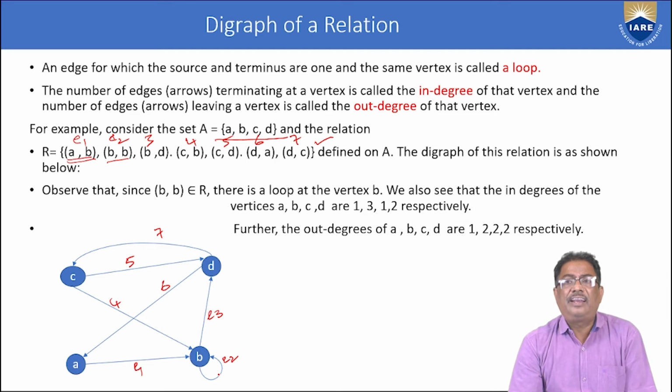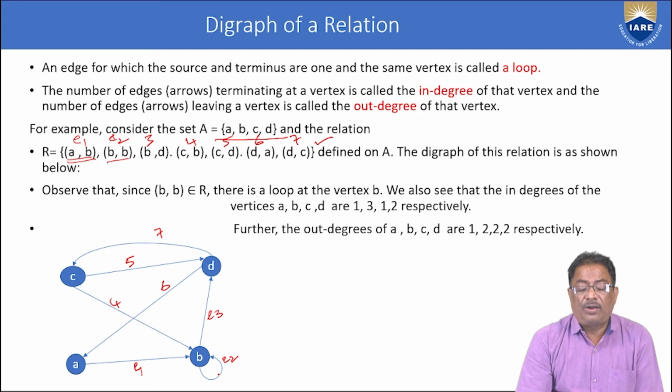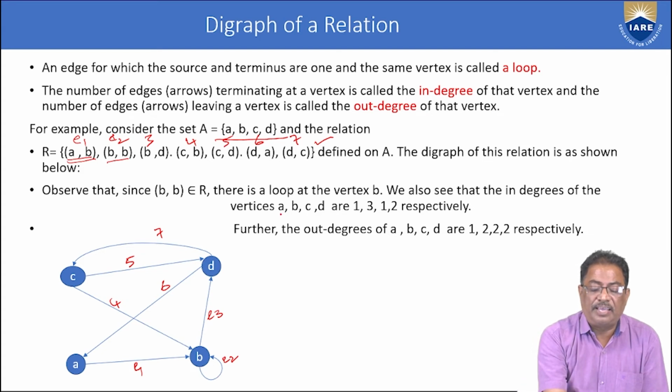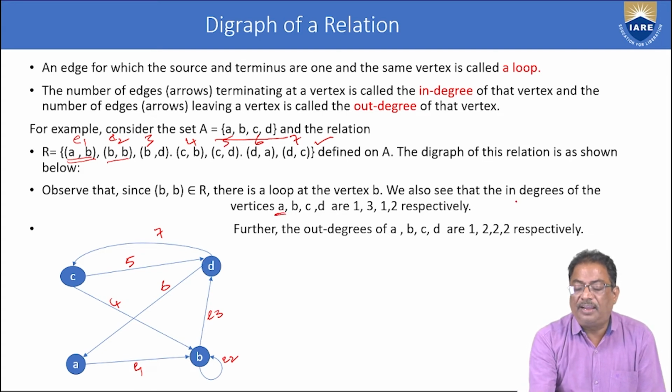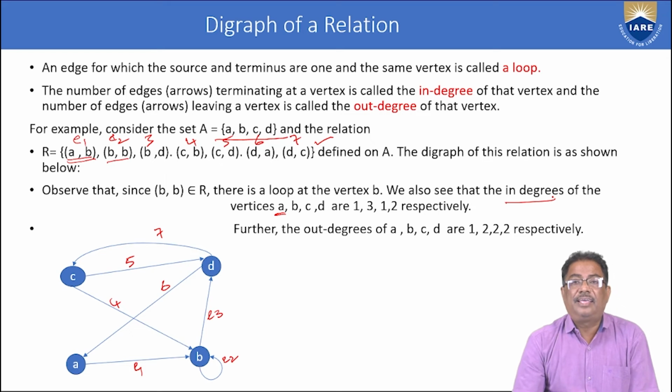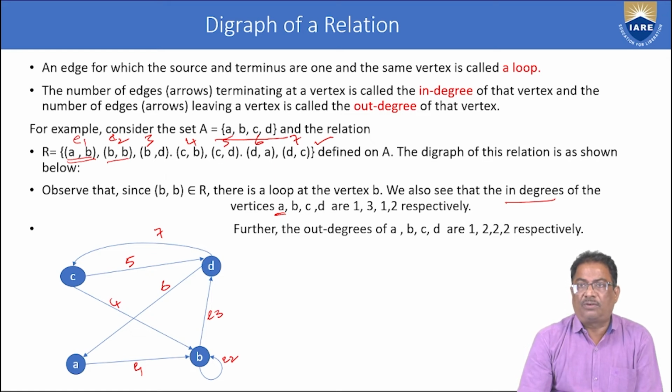Now, what is the in degree and out degree of the vertices? Let us say vertex A, what is the in degree? In degree means how many edges are reaching to that vertex.